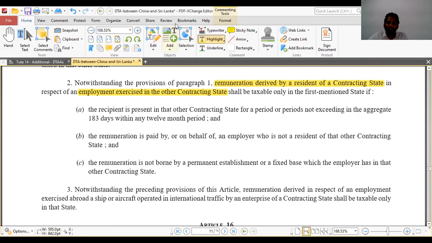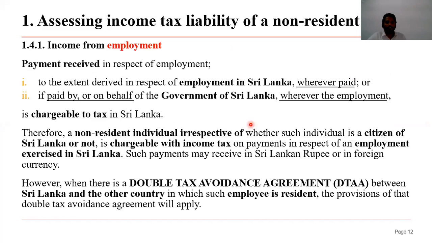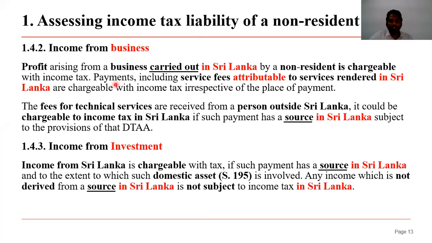Let me share the screen again. And then the business income. Income from business: in the case of an individual, not a company, he is doing a business, right?